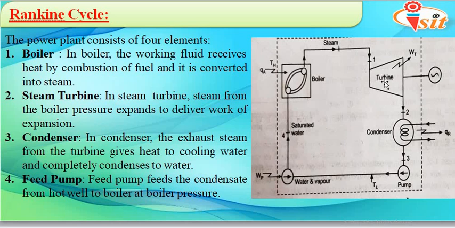So here comes the second component, that is steam turbine. In the steam turbine, steam from the boiler pressure expands to deliver work of expansion. So this means that whatever steam we have from the boiler, once it passes through the turbine, we will have an expansion process.